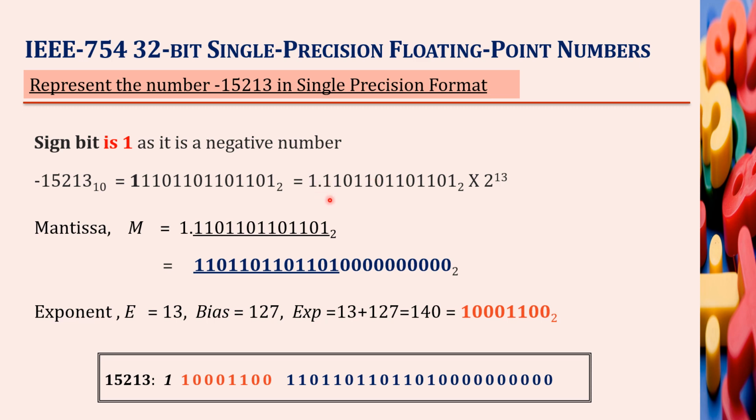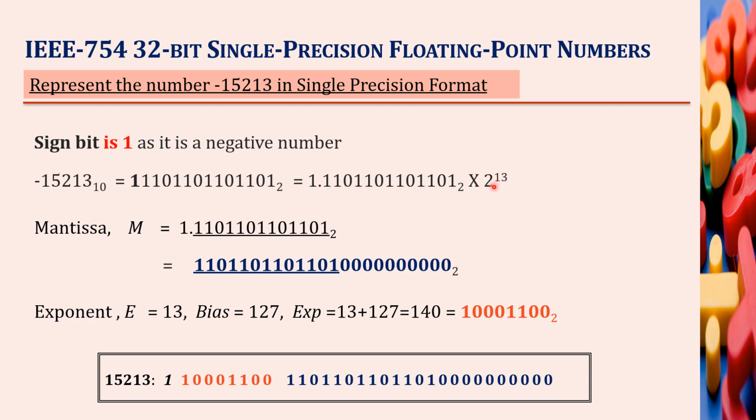Now we have the mantissa part in the normalized form. Now we need to represent this mantissa part in 23 bits, so the remaining bits will be filled with zeros. This leading 1 is omitted, because for every mantissa the leading bit is 1, so we are not going to store that explicitly. The remaining part is 1101101101101, and the remaining bits will be filled with zeros to make it 23 bits.